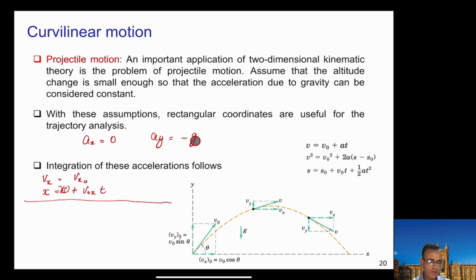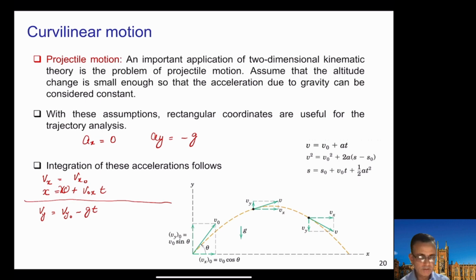Now in the y direction, it's a little bit complicated, because in the y direction we have acceleration which is minus g. But again, we can calculate the velocity in the y direction. If we use the first equation, we can say that vy should be equal to the initial velocity in the y direction, vy naught, and then a is minus g, and then you have t.